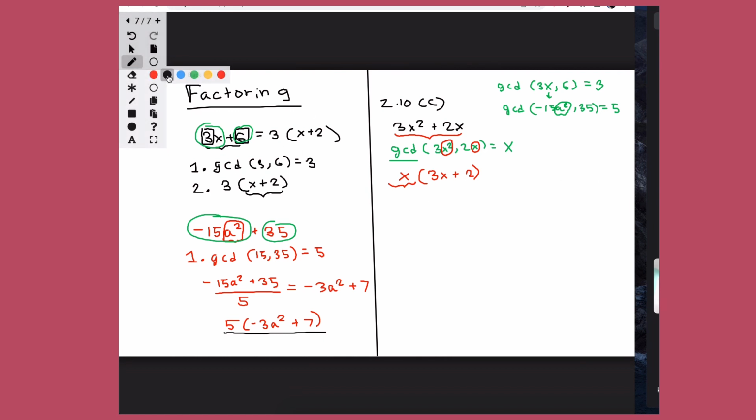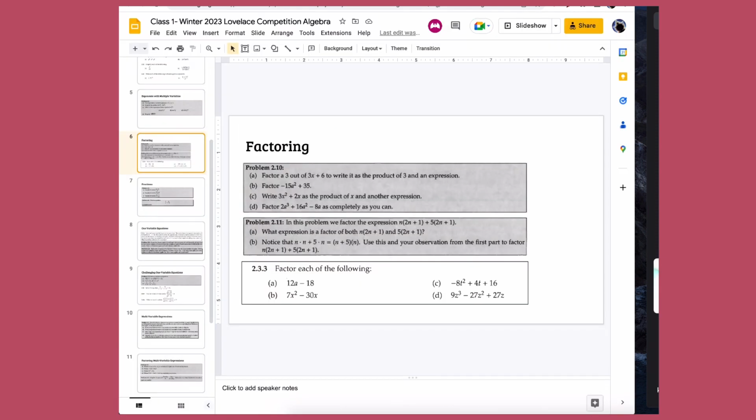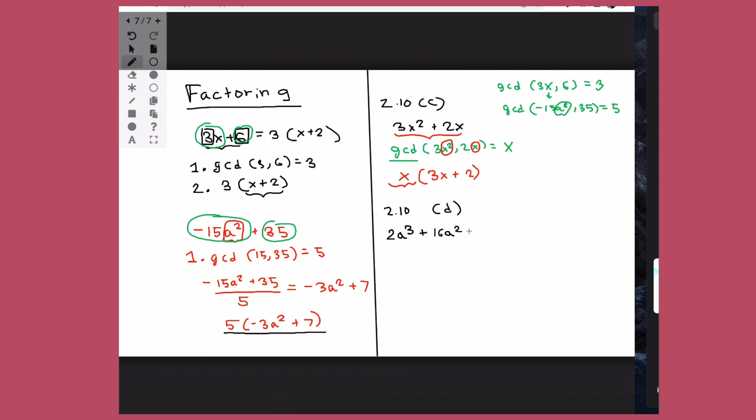So then 2.10 D gives us this cubic: 2a cubed plus 16a squared minus 8a. So this looks a little bit scarier since we have 3 terms.